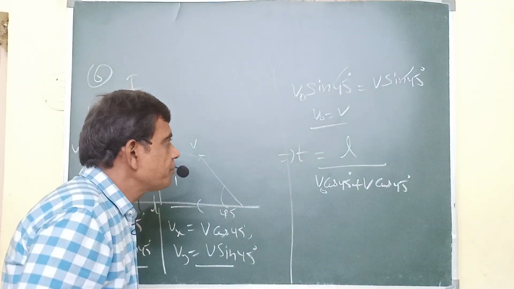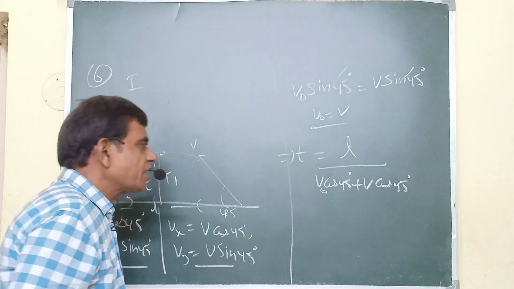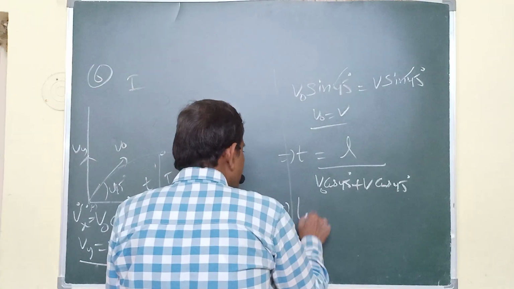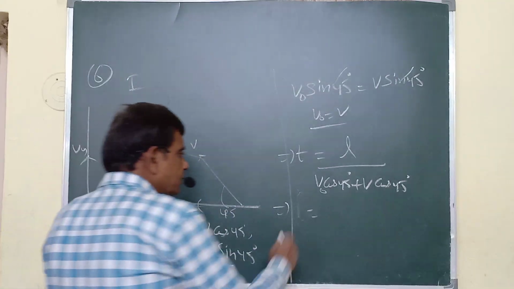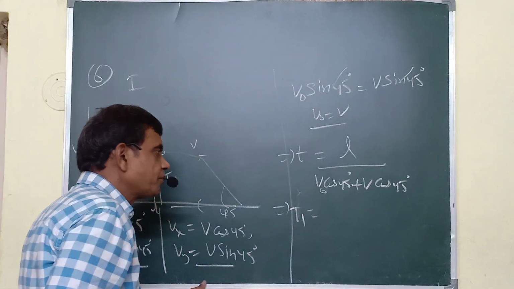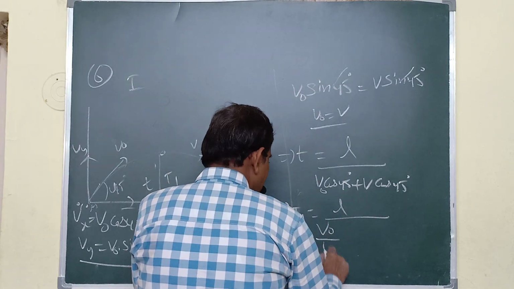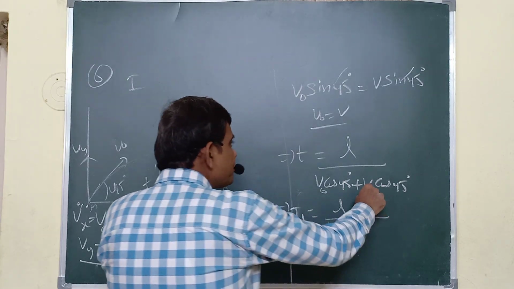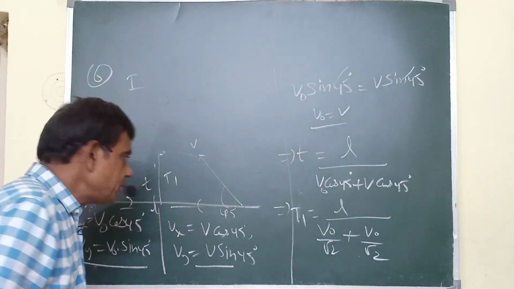Here V naught equals V, so you can take either one. I am taking V. So the time, which we call t1, equals L by V naught by root 2 plus V naught by root 2.